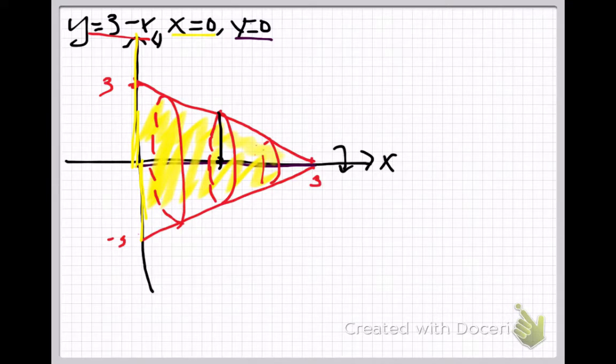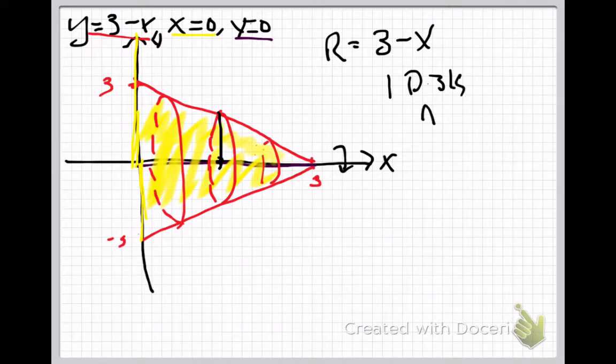The line y equals 3 minus x, the red line, and the x-axis, also known as y equals 0. So what is the radius of the disk? 3 minus x. Technically 3 minus x minus 0, but we can just drop the 0. So that's your radius, which means one disk has area pi r squared, which is pi times 3 minus x squared.